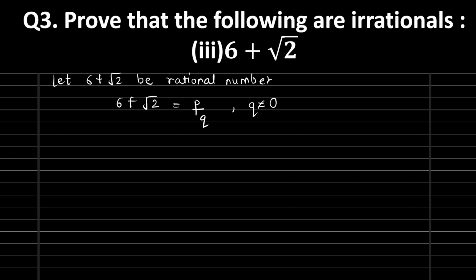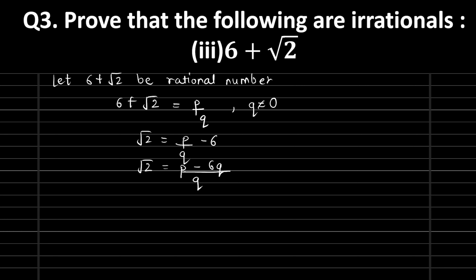Now again keep root 2 as it is on the left hand side and take 6 to the right hand side. P upon q minus 6. On taking the LCM, we will get p minus 6q upon q, and on the left hand side root 2.